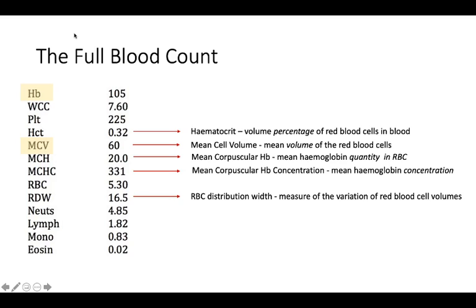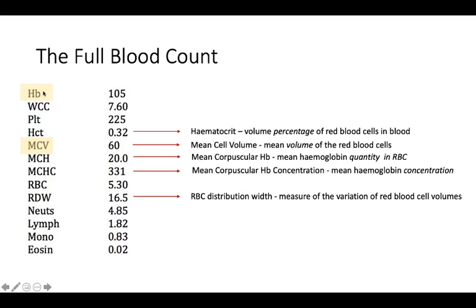We then have a mean corpuscular volume. What this is basically, it's the mean volume of the red blood cells. It's measured in femtoliters or FL, and the normal values are between 80 and 100 femtoliters. So you use this to decide whether an anemia is microcytic, normocytic, or macrocytic.